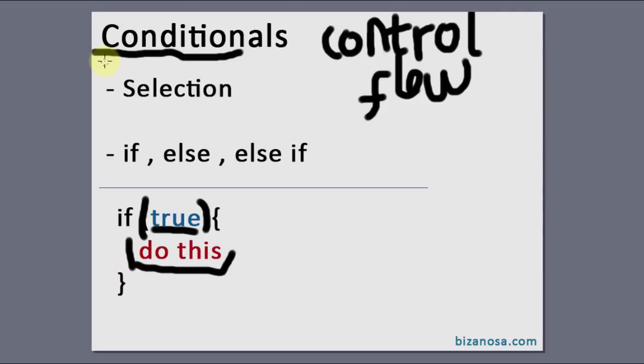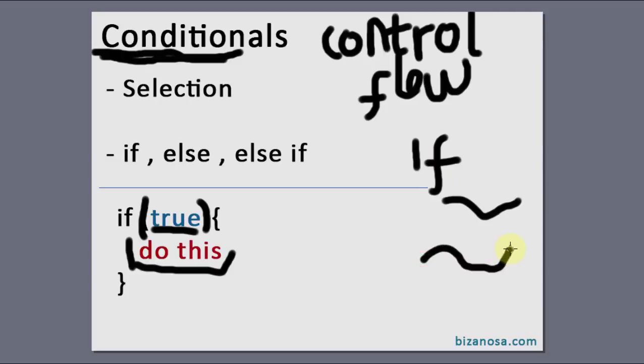So just a recap of the condition. The condition, as the name suggests, is a statement that is executed if a certain condition is met. So this is just a control of how a program is executed. You can say, if this is true, do this, or else do something else. We're going to see the else as well, and the else if, in the coming videos.